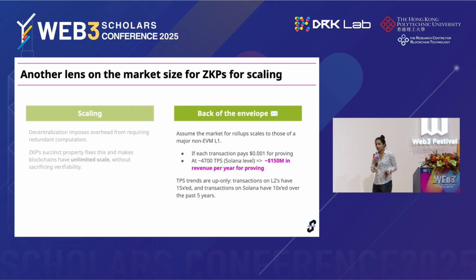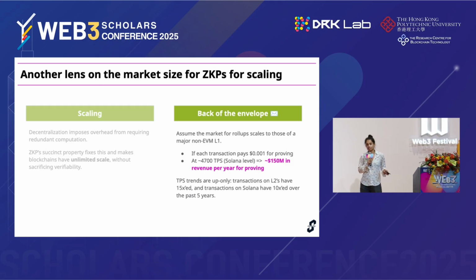And then finally, some back-of-the-envelope math on why ZK is interesting for scaling in a large market. If you do some napkin math and say each transaction might pay something like 1/10 of a cent for proving, and you multiply out the numbers, and the number of rollup transactions that are secured by ZK goes to 5,000 TPS, which is what Solana does today, that ends up being hundreds of millions of dollars in revenue per year dedicated to proving.